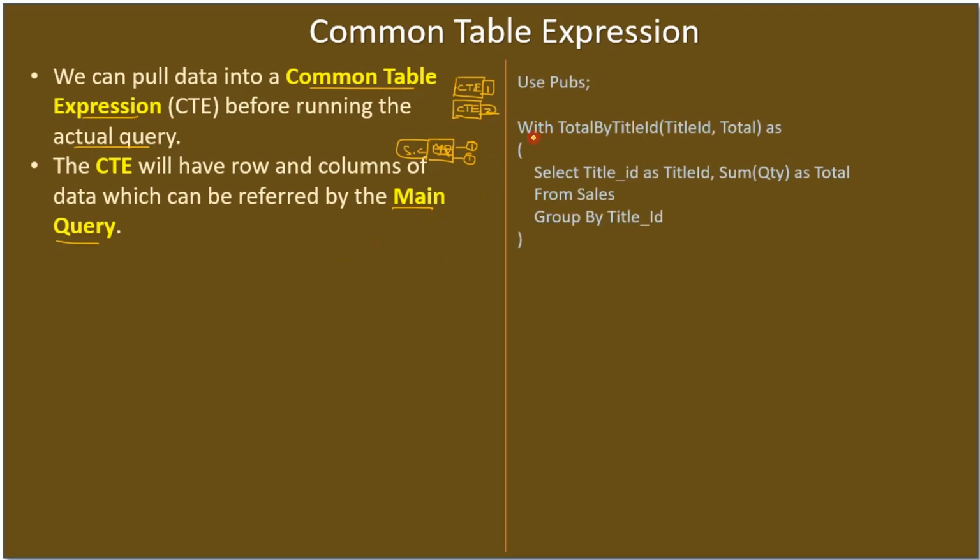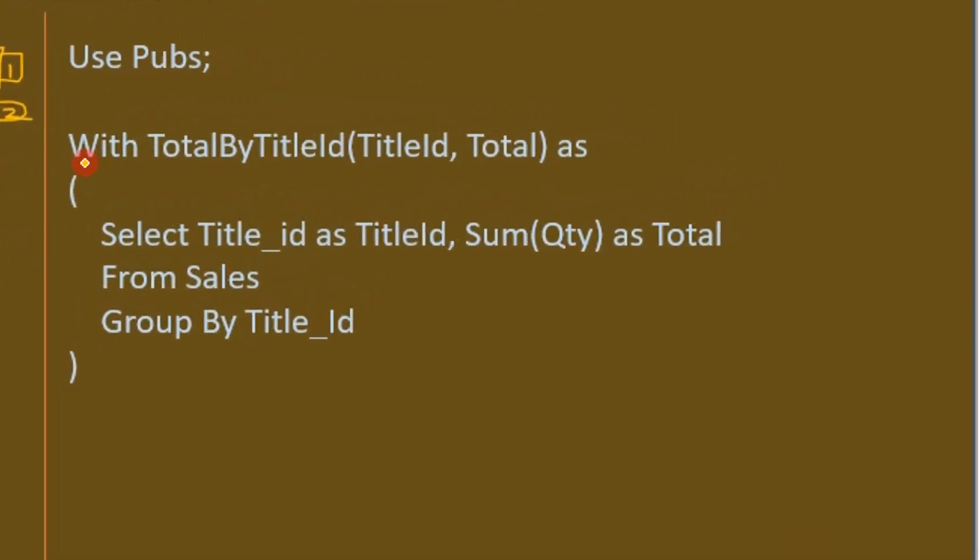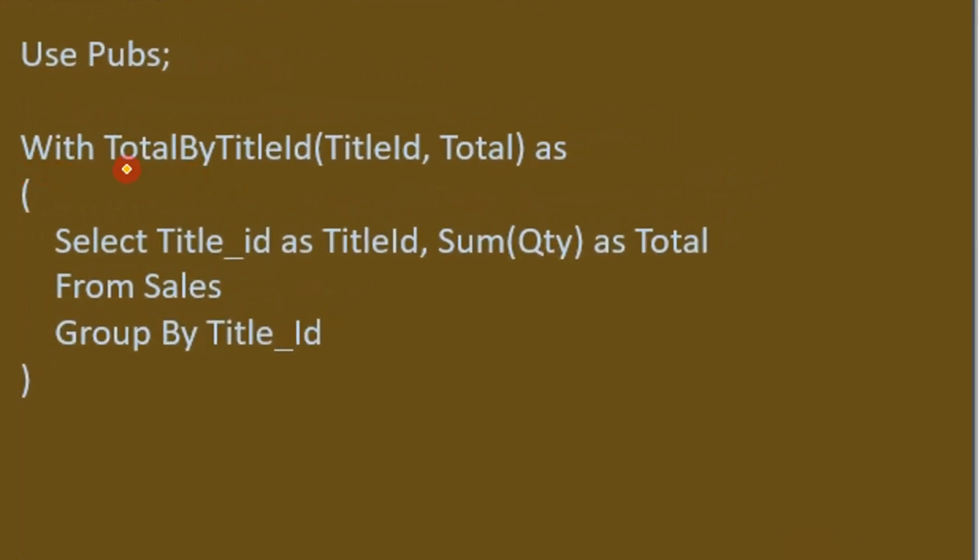So here, if you see, to define CTE, you have to use the keyword with, define the table total by title ID, define the column name title ID, total, as. So this is actually the CTE, common table expression.